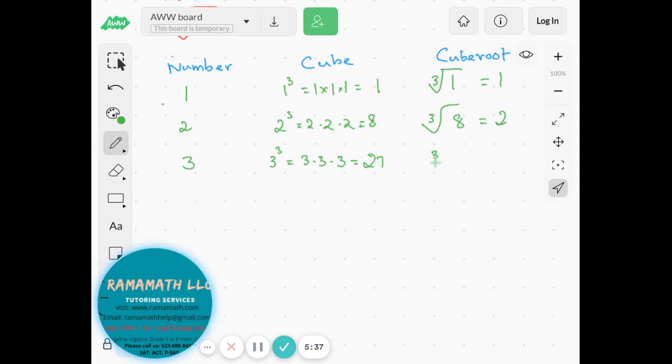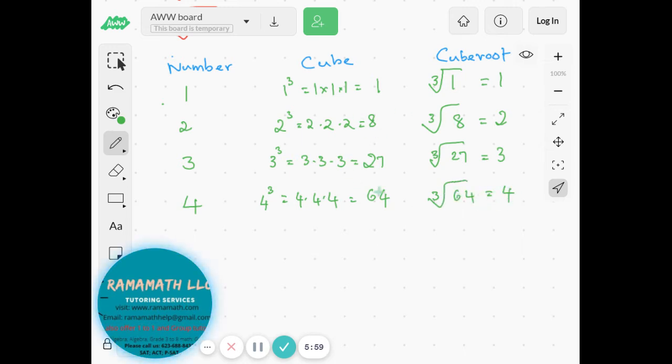And then going backwards, the cube root of 27 is 3. Next, number 4, 4 cubed, 4 times 4 times 4. 4 times 4 is 16, 16 times 4 is 64. Same way, the cube root of 64 is 4.